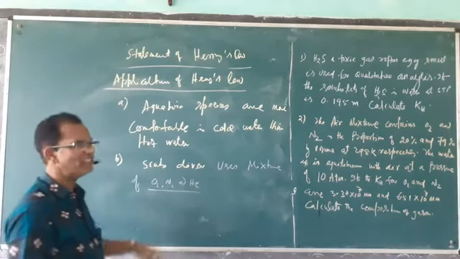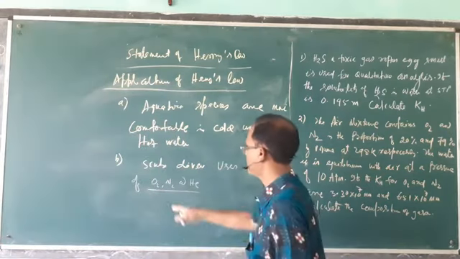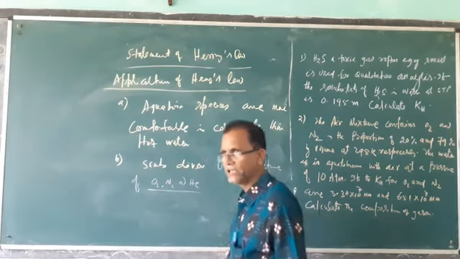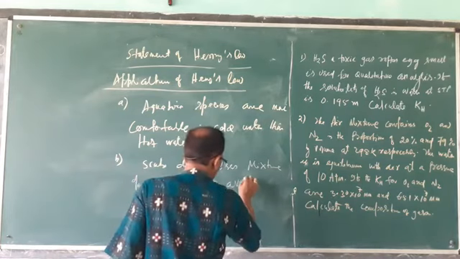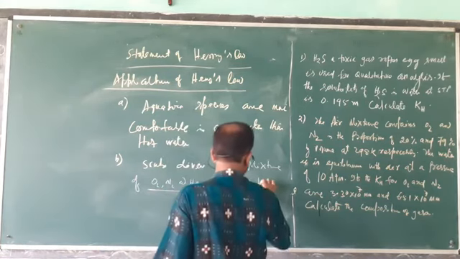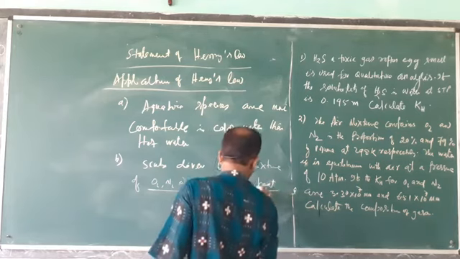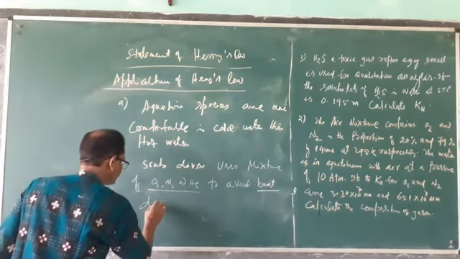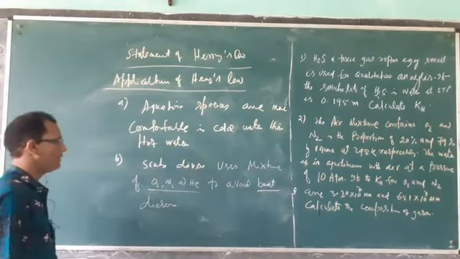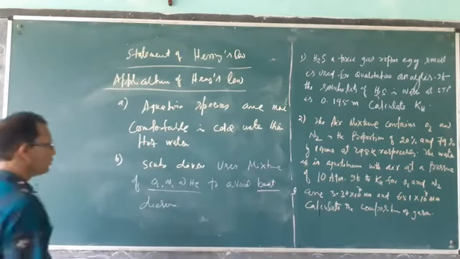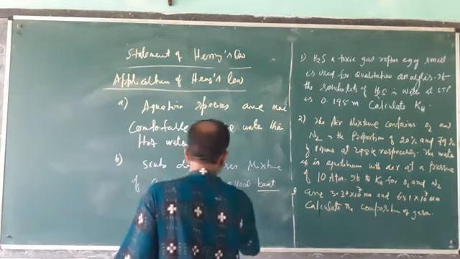He takes a mixture of oxygen, nitrogen and helium in the cylinder to avoid what? Bent disease. I will tell you what bent disease is. To avoid bent disease. What is bent disease?